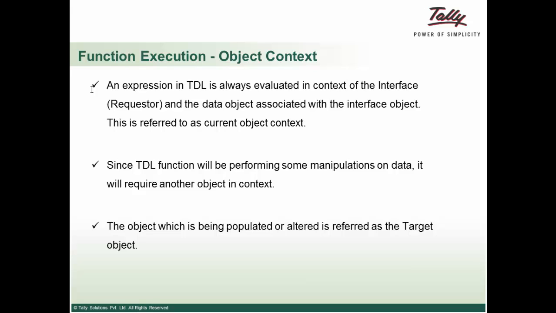The object which is being populated or altered is referred to as the target object. So we will have a source object from where we will pull the data, or from where we will call the data, and we will have a target object to which we will push the data. So we will have two kinds of context here in function: one would be the source object context, and one would be the target object context.